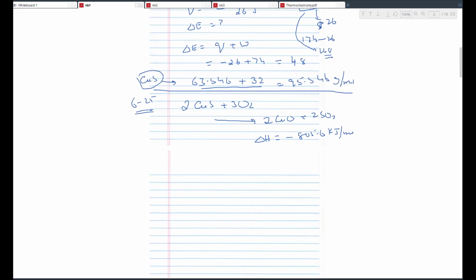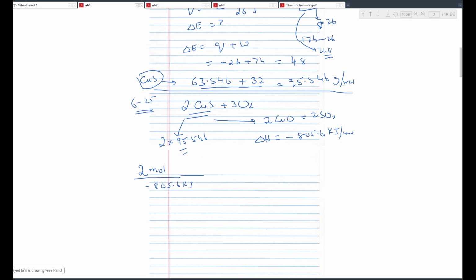Now, this is for 2 mole. When you burn 2 mole, how much energy is released? The energy released is negative 805.6 kilojoules.